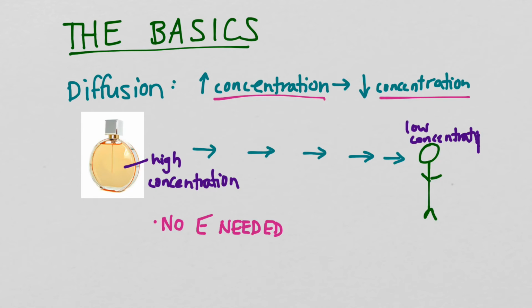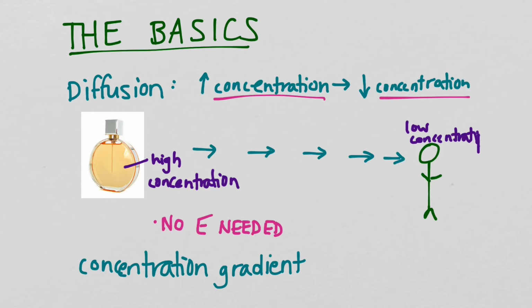It's based entirely on molecular motion, where things that are highly concentrated together are going to bounce around and hit each other and sort of bounce away and move away and spread out evenly throughout the entire area. When diffusion's happening, we are moving down what is called a concentration gradient.